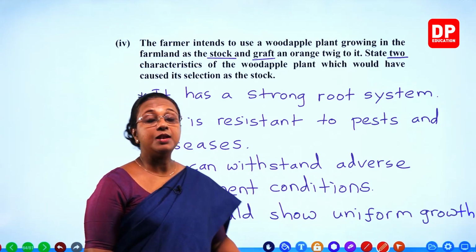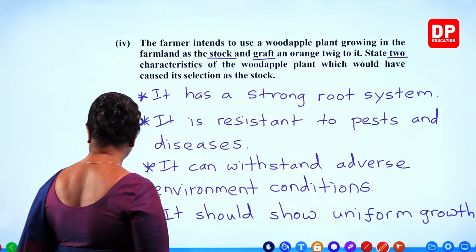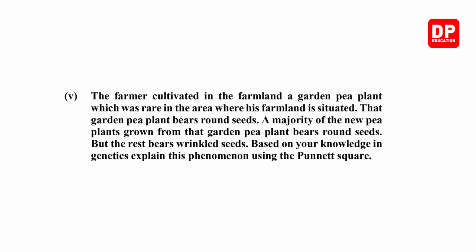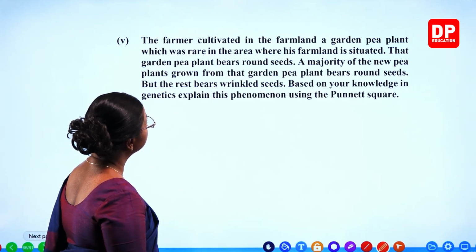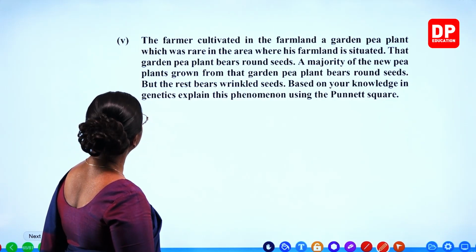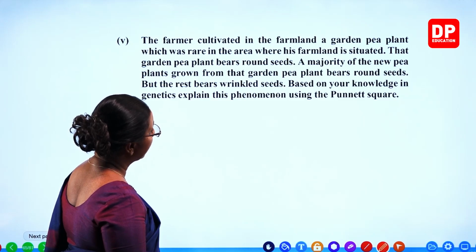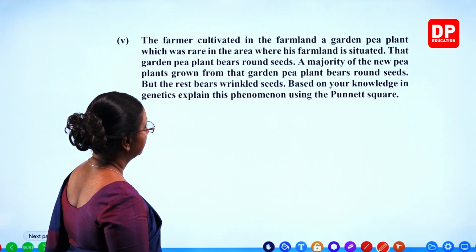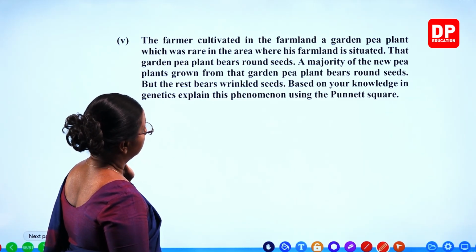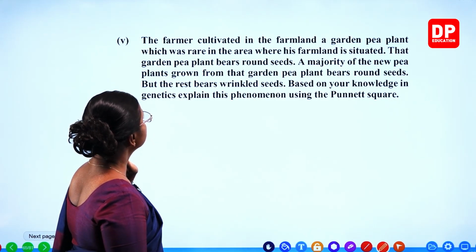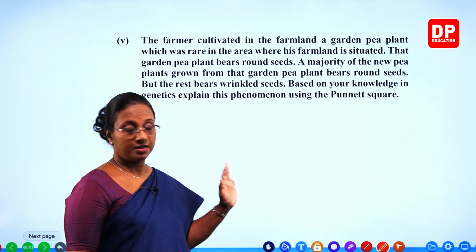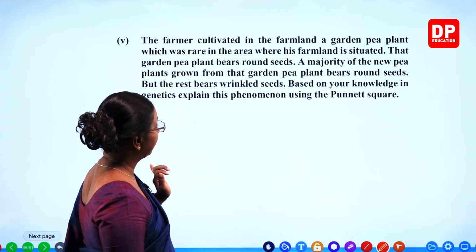So with that, I'll move on to the next part of the question. Part 5. The farmer cultivated in the farmland a garden pea plant which was rare in the area where his farmland is situated. So it is a garden pea plant which is rare in the area. So he cultivated that.